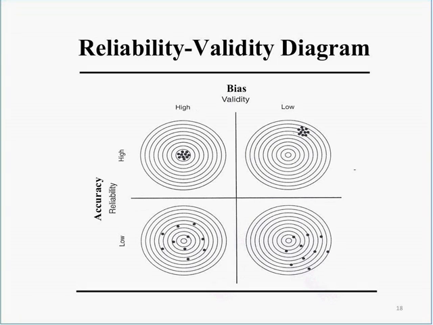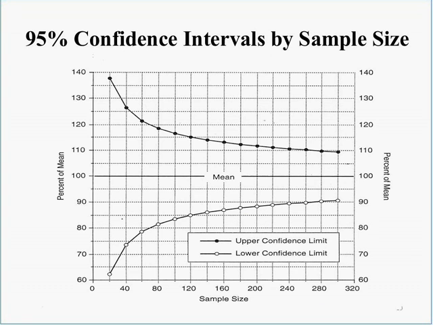The ideal, of course, is the top left, where you've got high validity and high reliability. From there on, it goes downhill. So there may be some questions on that later, so I'll just leave that for our discussion at the end of this presentation. And let's move on to slide number 18.